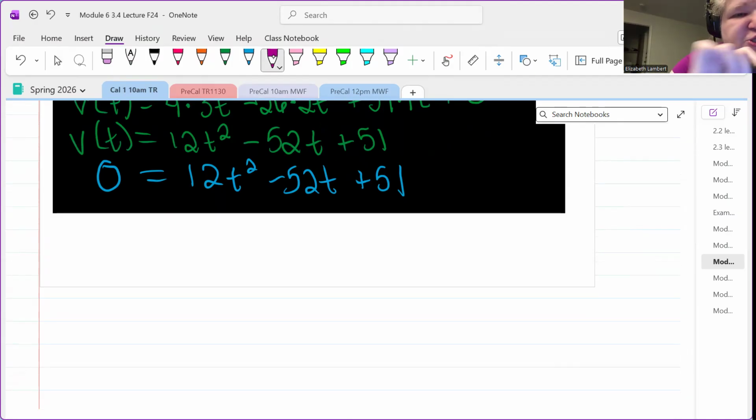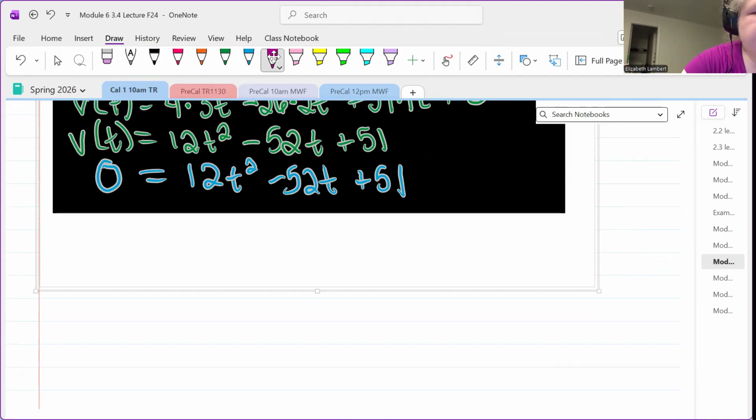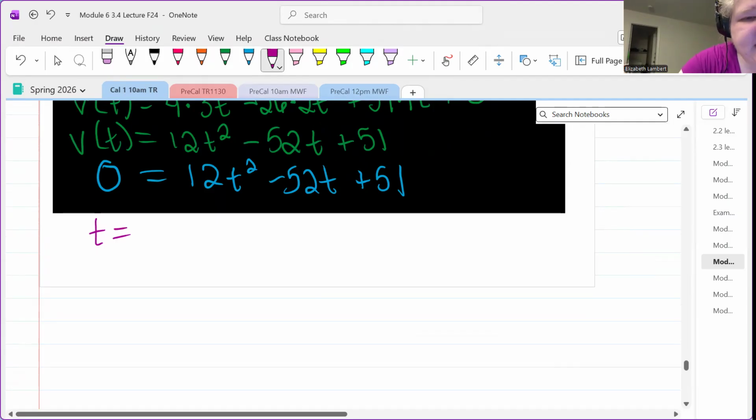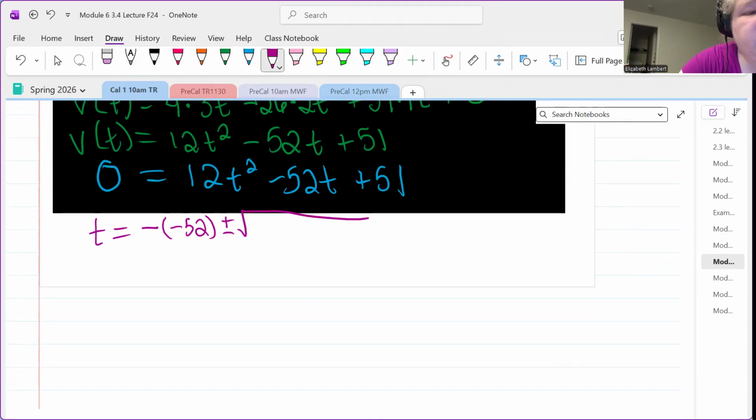I would still expect you to have to pull out the quadratic formula for this. So t equals, because that's our variable, negative b, b is negative, so we have negative 52, plus or minus the square root of b squared, negative 52 squared, minus 4 times 12 times 51, all over 2a. A is 12.